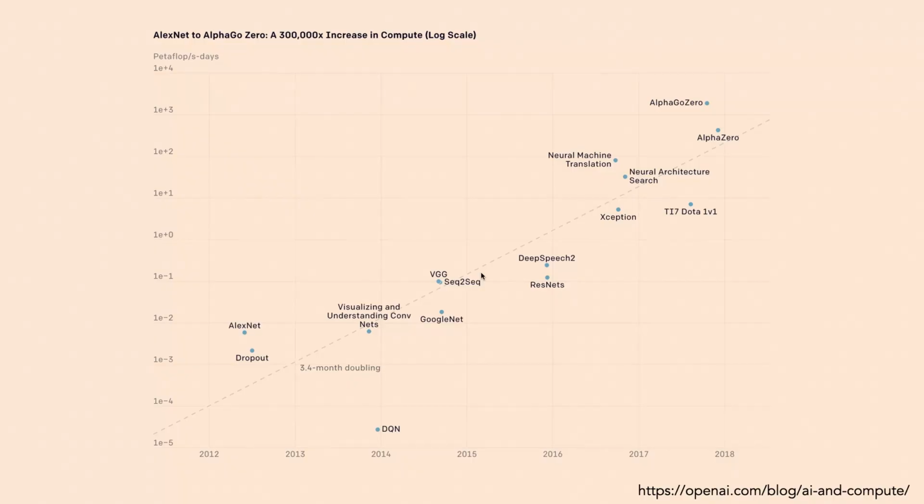The slope is increasing a little bit, so it's not quite even 3 months now that it takes to double the amount of compute. It might be even less. This ends in 2018. So deep learning predictably is using more and more scale as time goes on, and now we want to understand how that relates to model performance and at what scale we will achieve what types of abilities.